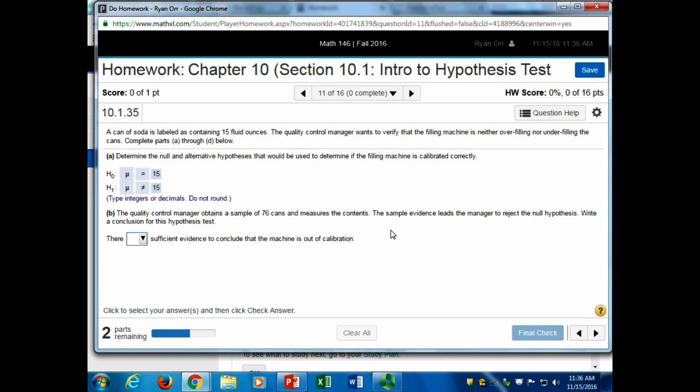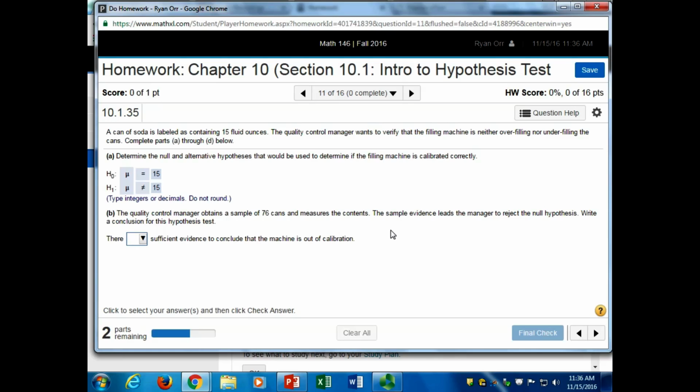They obtain a sample of 76 cans. They measure the contents. The sample evidence leads the manager to reject the null hypothesis. What is the conclusion? So if they reject, what is the null hypothesis? Is the null hypothesis that the machine is working or not working? Working.